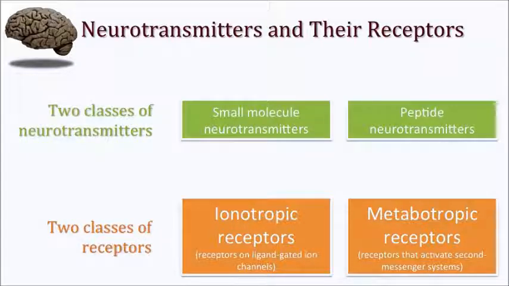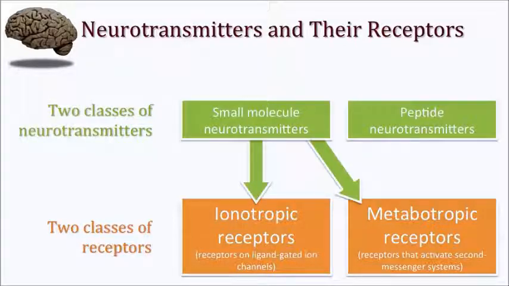And there are metabotropic receptors, which are receptors for neurotransmitters that are not directly part of ion channels, but rather these receptors trigger a set of metabolic activities that then might ultimately result in the opening or closing of separate ion channel molecules, as well as a variety of other postsynaptic activities.